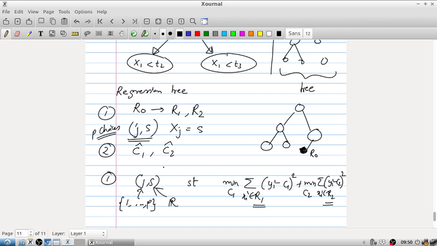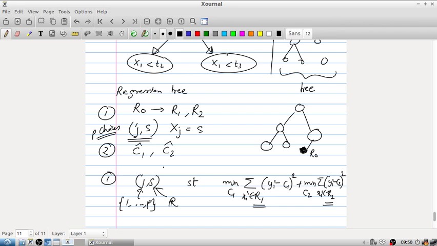So if you pick a j and s, how can you work with this? One way to do it is to pick j equal to 1, and pick an s. Let's say that particular jth input variable is going from 0 to 1, so it falls in that interval. Pick s as 0.1. For j equal to 1 and s equal to 0.1, evaluate this.